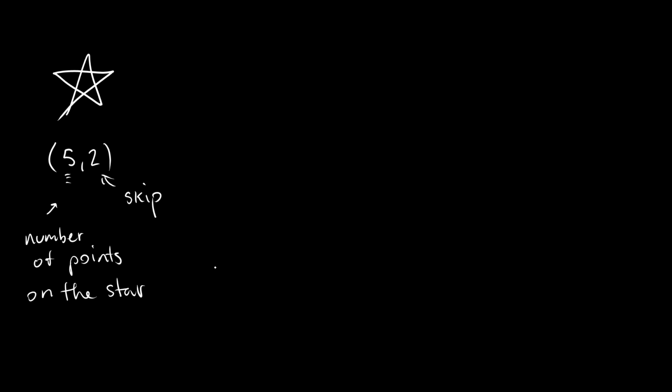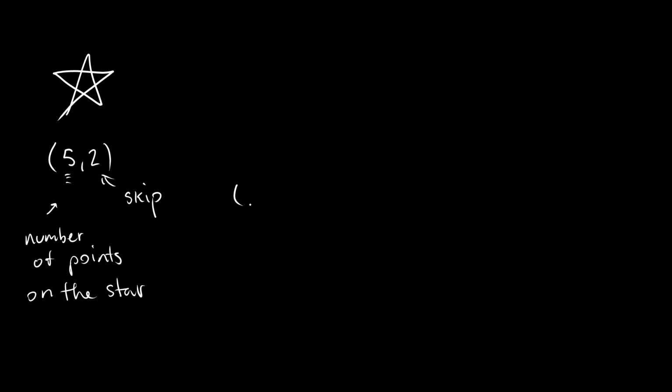What does that mean? Well, the 5 here represents the number of points on the star. Meanwhile, this 2 here represents the skip. And what do I mean by that?